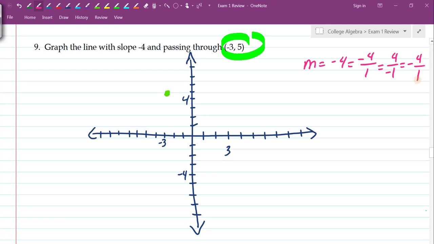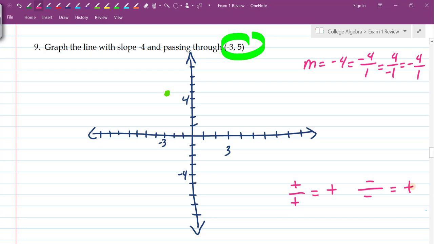All of those are the exact same thing. It's really important that you remember that a positive divided by a positive equals a positive number, and a negative number divided by a negative number is equal to a positive number.